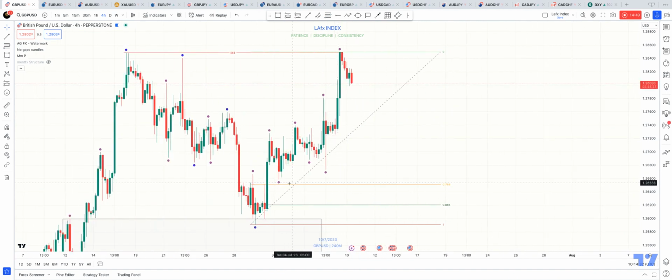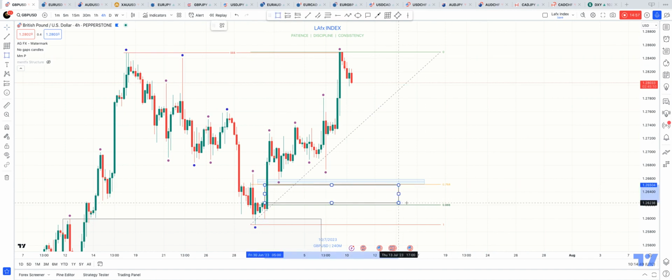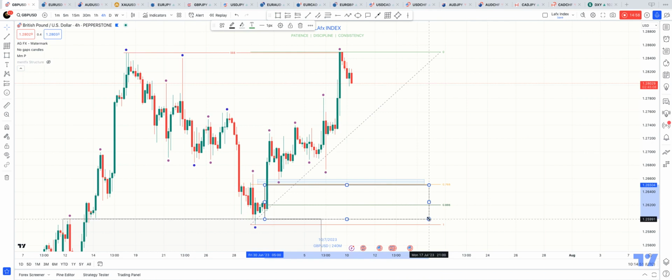Now, as you can see, we have some sort of imbalance here, which gives us confluence on this 76.8, and you can say you have this 4 UI here.